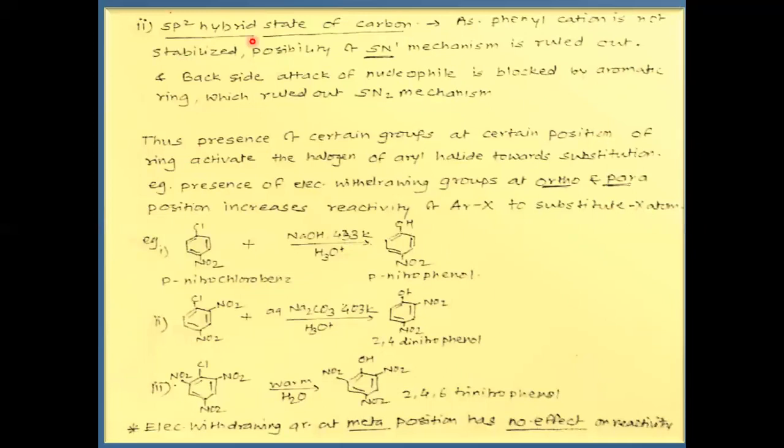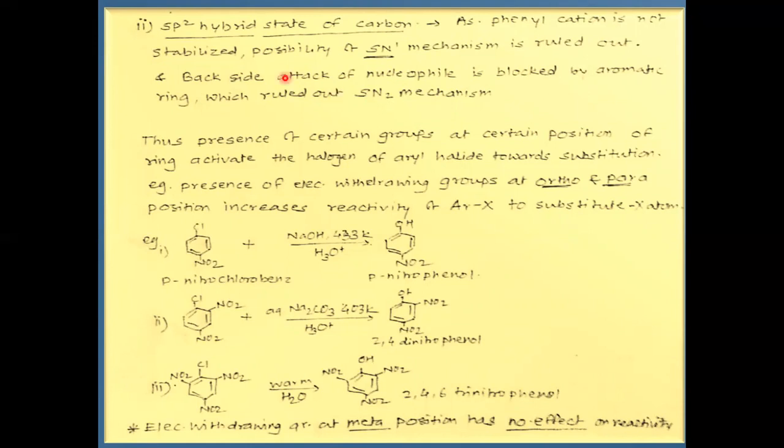Second point, the sp2 hybridized state of carbon. As the phenyl cation is not stabilized, the possibility of the SN1 mechanism is ruled out, and backside attack of the nucleophile is blocked by the aromatic ring, which rules out the SN2 mechanism. Got it?